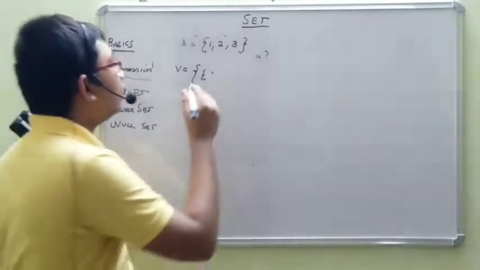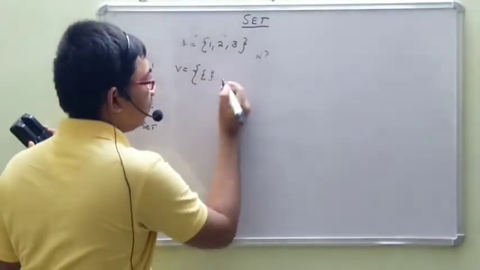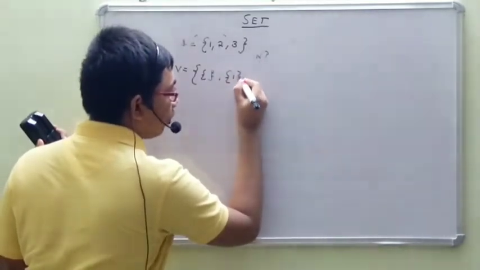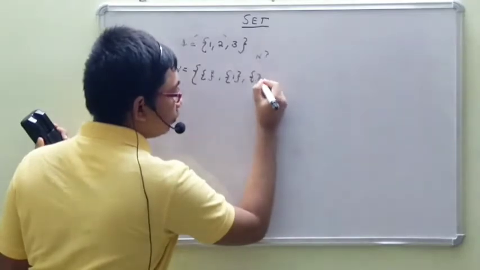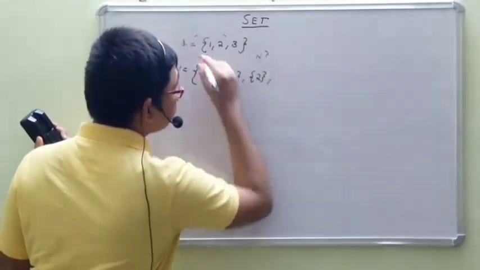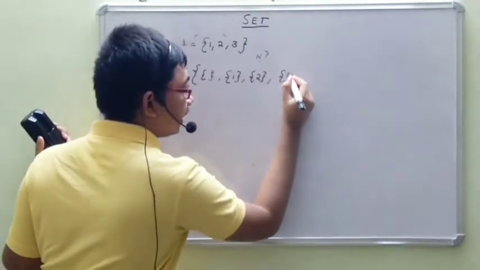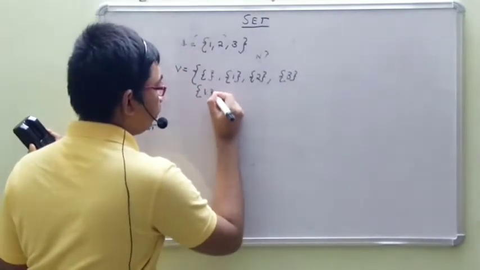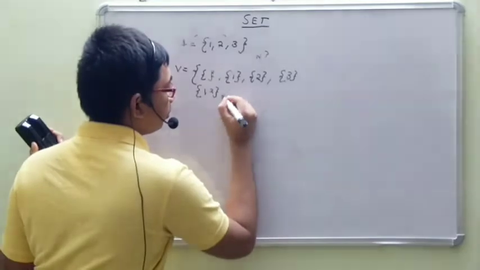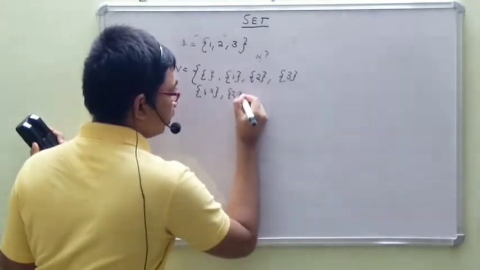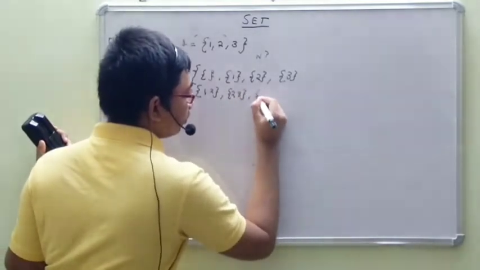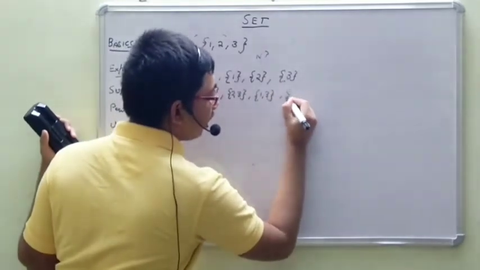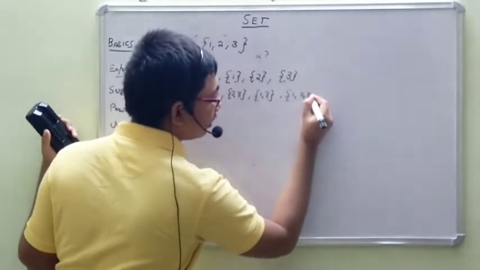So now let us first write the null set. Then I will put a comma and write set 1, set 2. These are all subsets of this set. Set 3, set 1, 2, set 2, 3, set 1, 3, and finally the last subset, set 1, 2, 3.